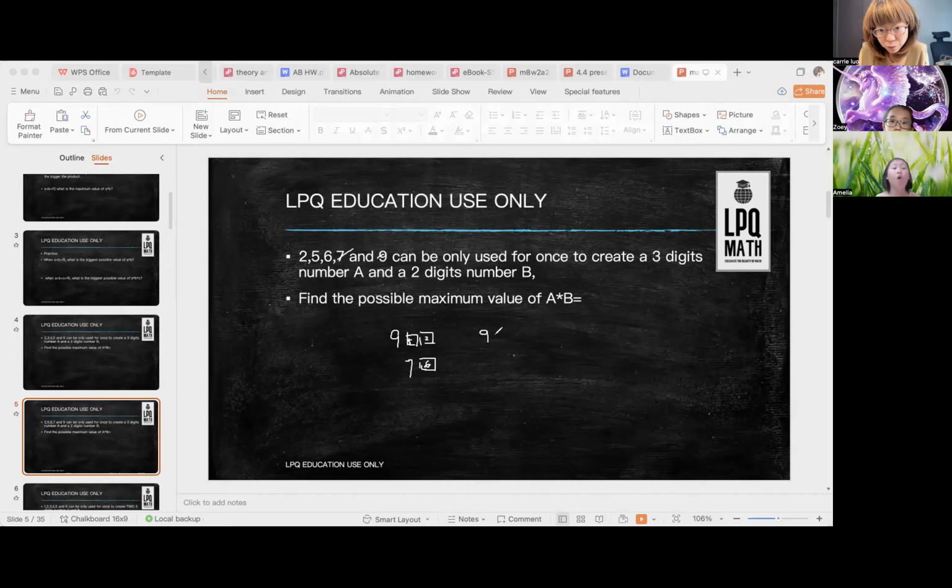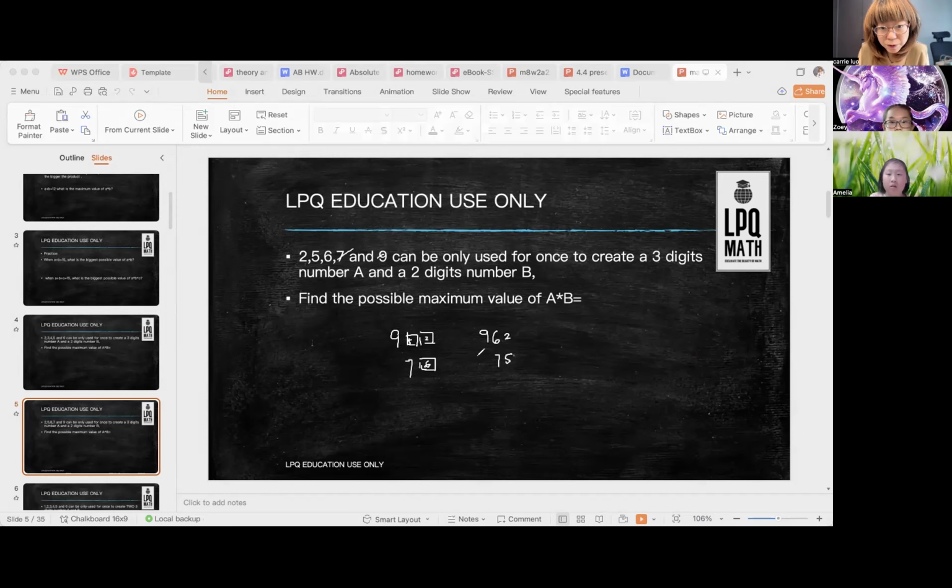Okay, so Zoe, maybe you want to try 962 and 75. I think this one will be smaller, make the differences smaller.